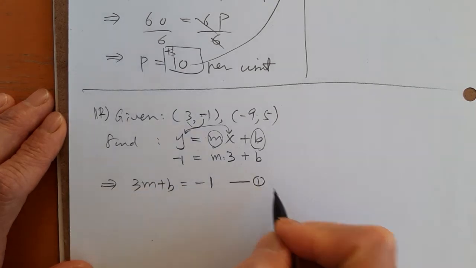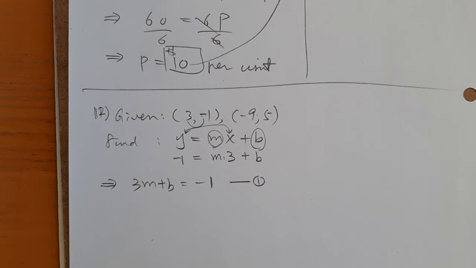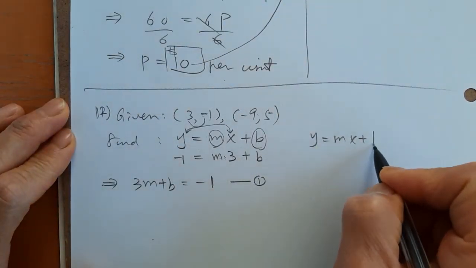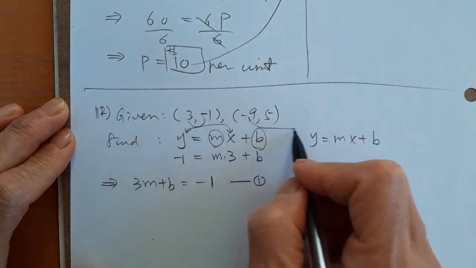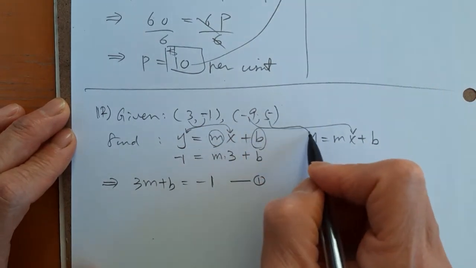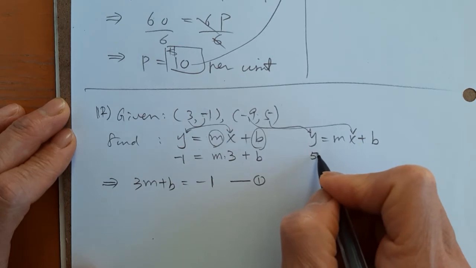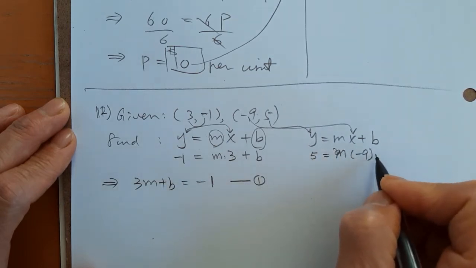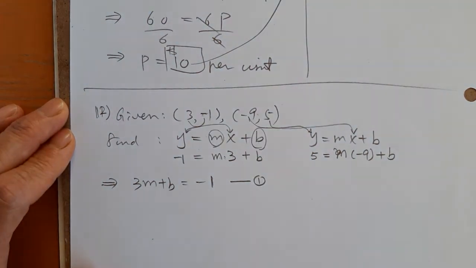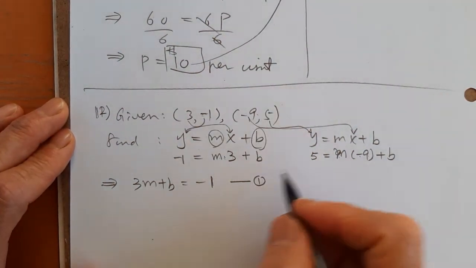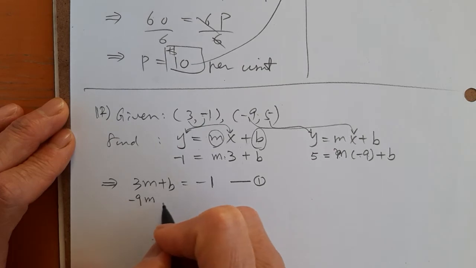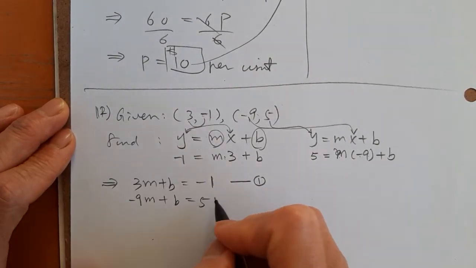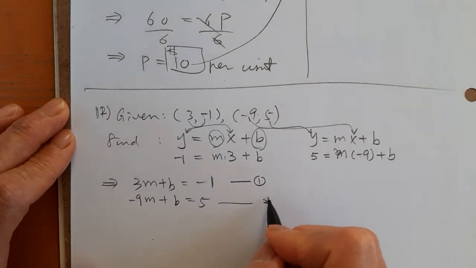That's the first equation. For the second equation, y equals mx plus b, put -9 in x and 5 in y. So 5 equals -9 times m plus b. That's the second equation.